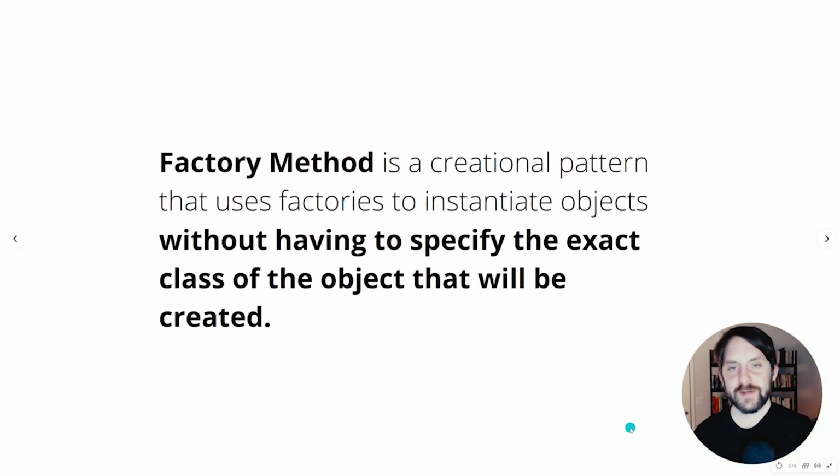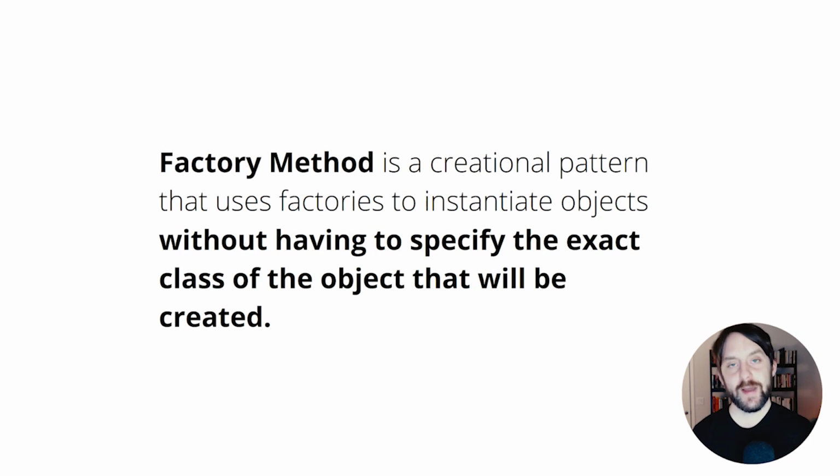The factory method is a creational pattern that uses factories to instantiate objects without having to specify the exact class of the object that will be created. Okay, so we have a little bit to unpack here. First of all, we're talking about a creational pattern. Within the context of the Gang of Four design patterns, we have three main categories of design patterns.